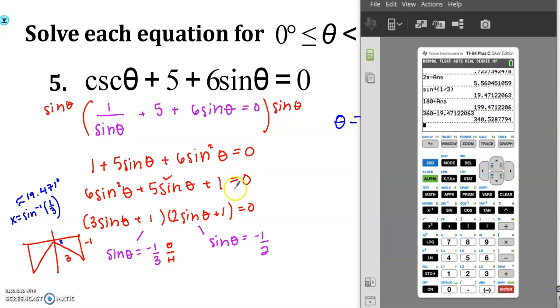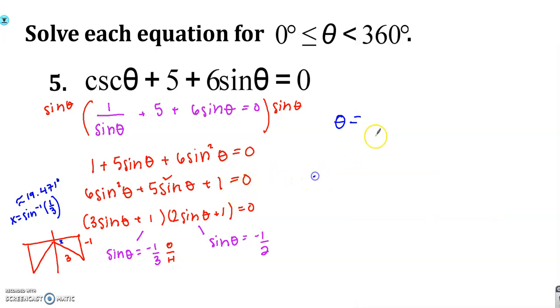So those will be the first two answers I get, 199.471, and then 340.529 degrees, always 3 decimal places.